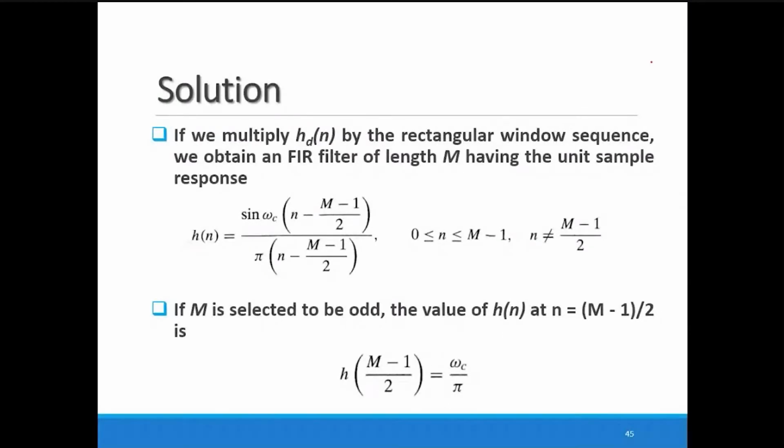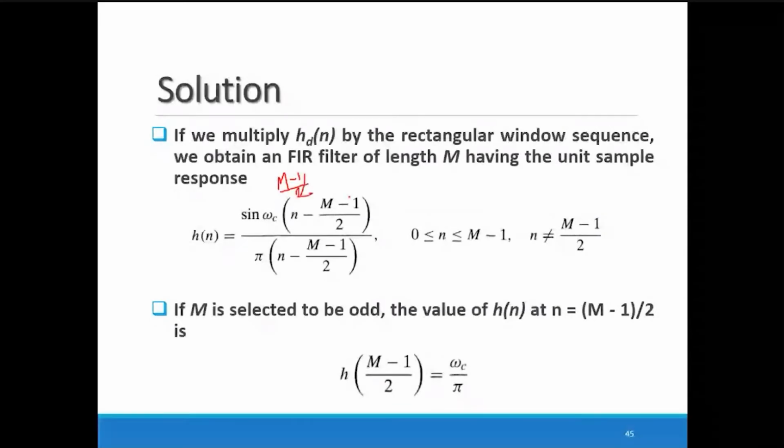Here M is selected to be odd. Now if I select M having an odd value, the value of h(n) at n equal to (M minus 1)/2 is given as follows. Here n minus (M minus 1)/2 terms will cancel out, and the same thing will happen over here.